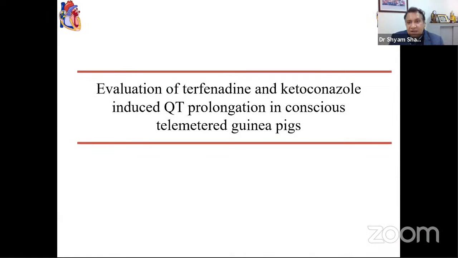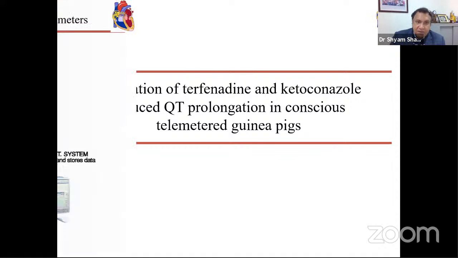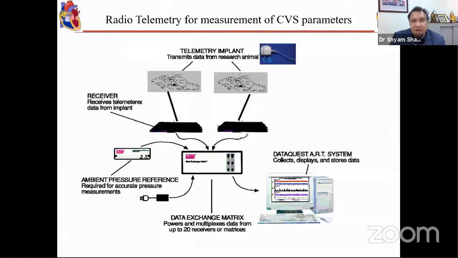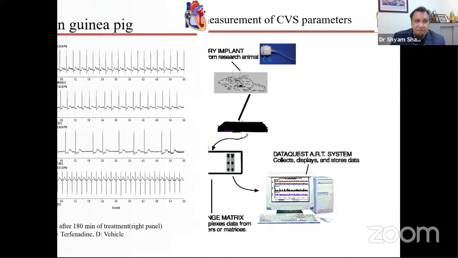Initially, when we set up our laboratory, we set up some data on existing drugs like terfenadine and ketoconazole, to see whether any QT prolongation is observed with them. There, we used the telemetry device for this study in the animals, and we investigated these kinds of studies.